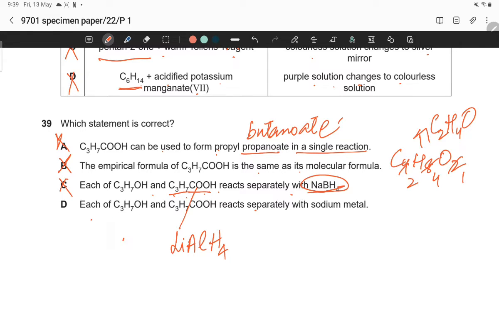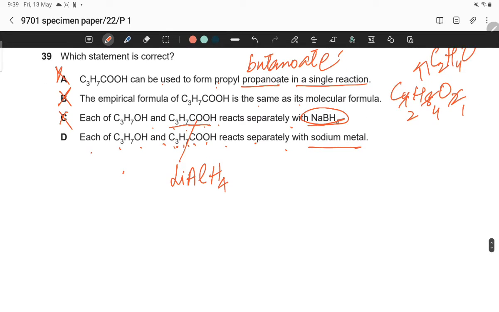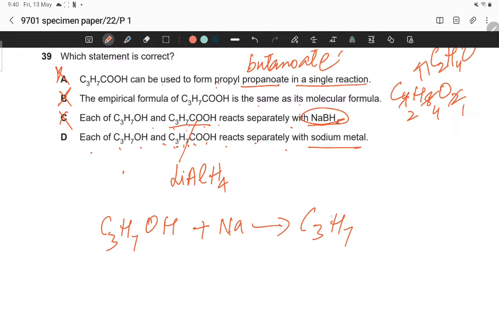Each of C3H7OH and C3H7COOH, propanol and butanoic acid, reacts separately with sodium. Yes, both can react like this. C3H7OH plus sodium metal forms C3H7ONa plus H2 gas.